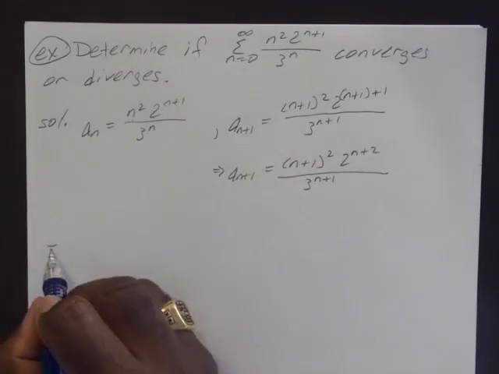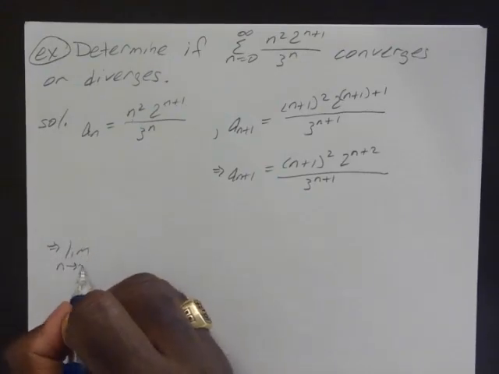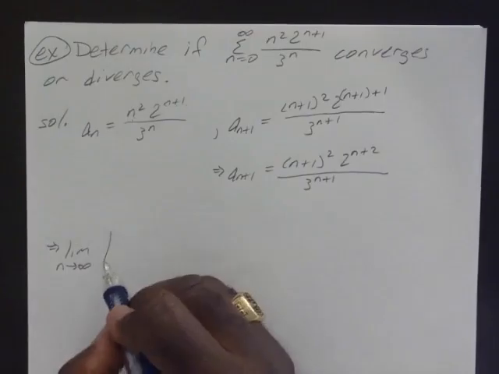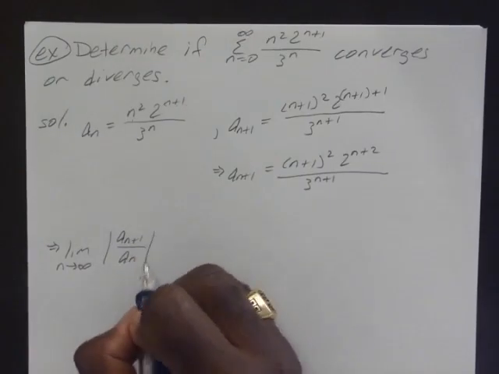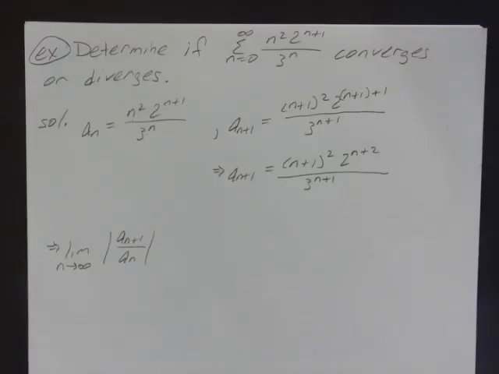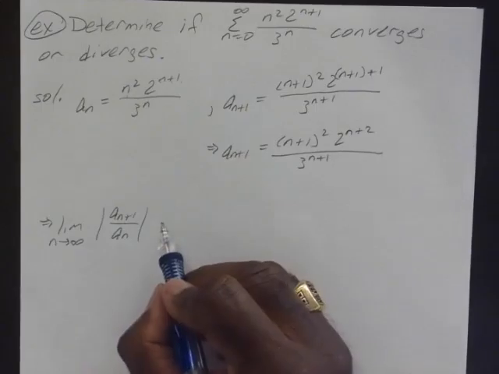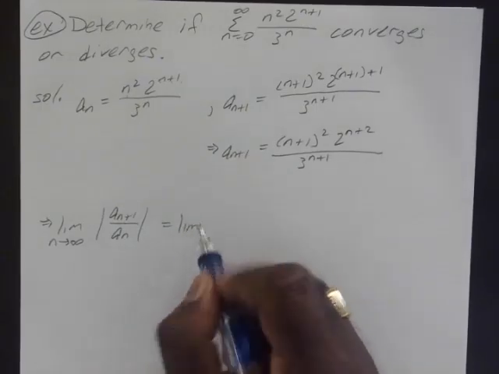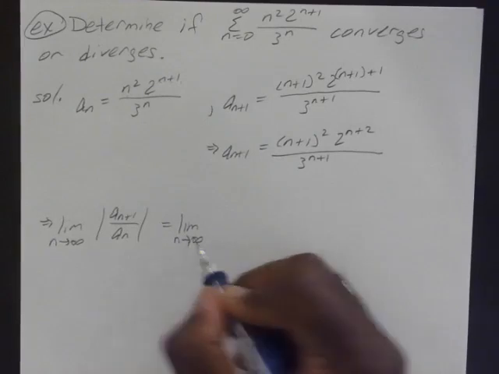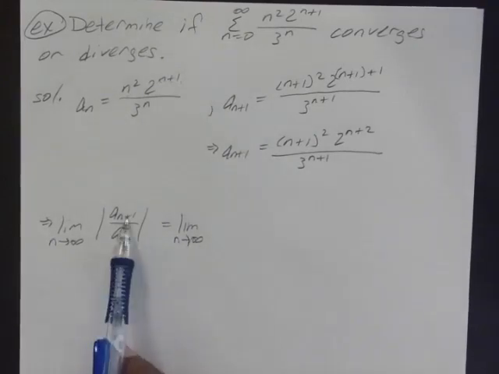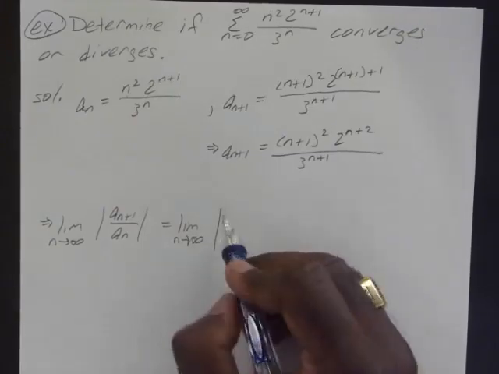Okay, so if we take our limit as n approaches infinity of the absolute value of our a sub n plus 1 divided by our a sub n, then that's just equal to the limit as n approaches infinity. Your a sub n plus 1, again, I'm just going to write it horizontally.